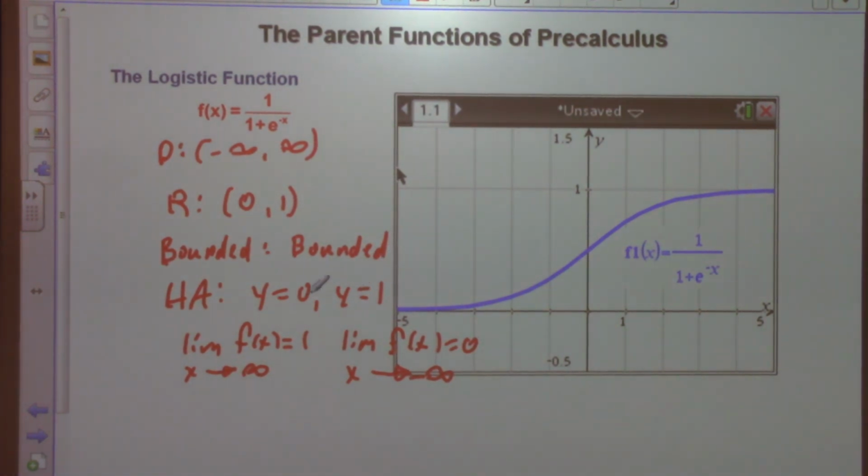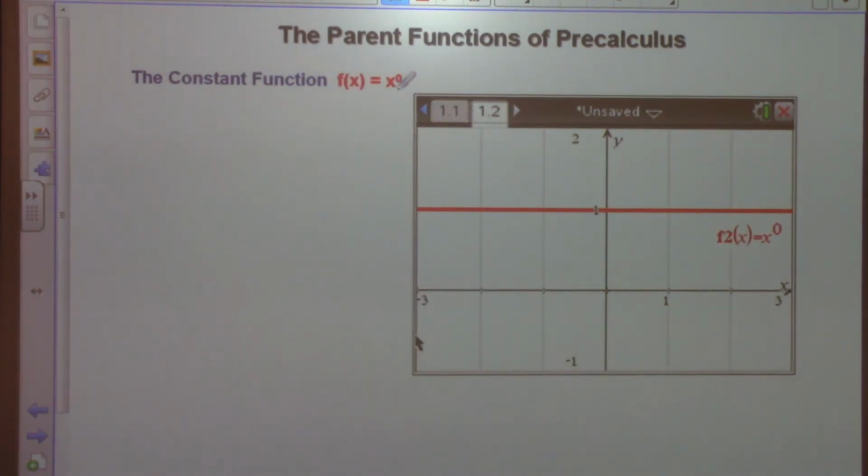And now, we've gone over the basic functions of precalculus, but I added a few others I want to glance at really quickly. The reason I put them here is because they have utility. You have the constant function, f of x equals x to the 0 power. And really that's just a horizontal line.